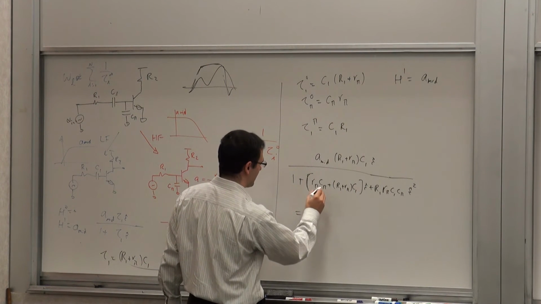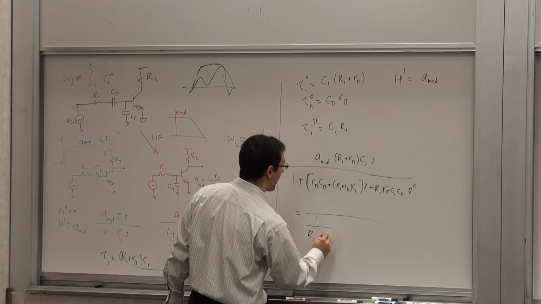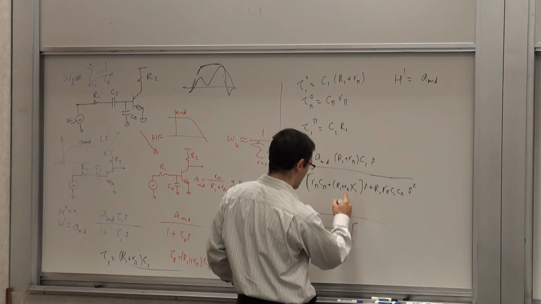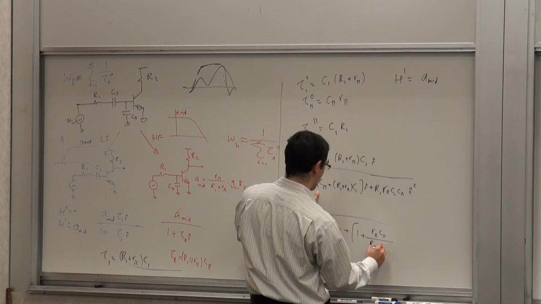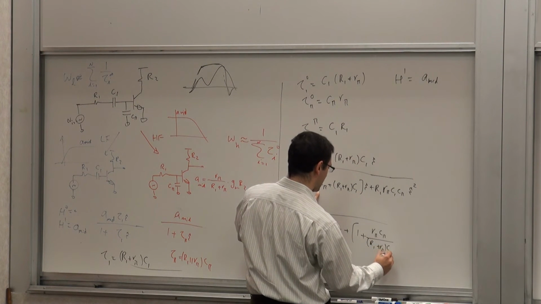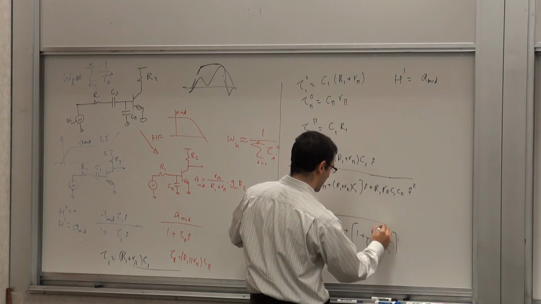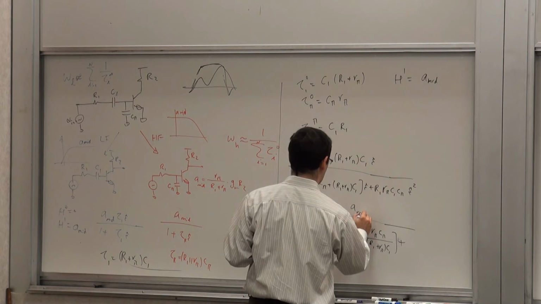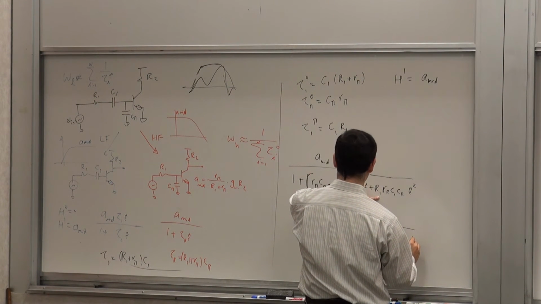So what we are left with is going to be 1 over R1 plus R pi C1 S plus 1 plus R pi C pi over R1 plus R pi C1 times 1, and then you get this divided by that.